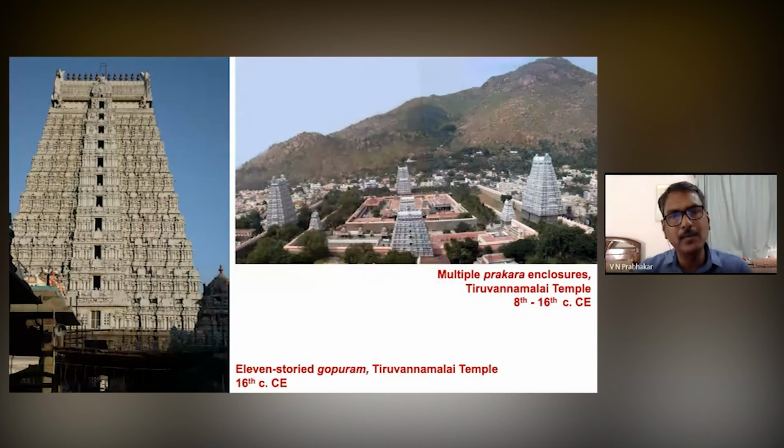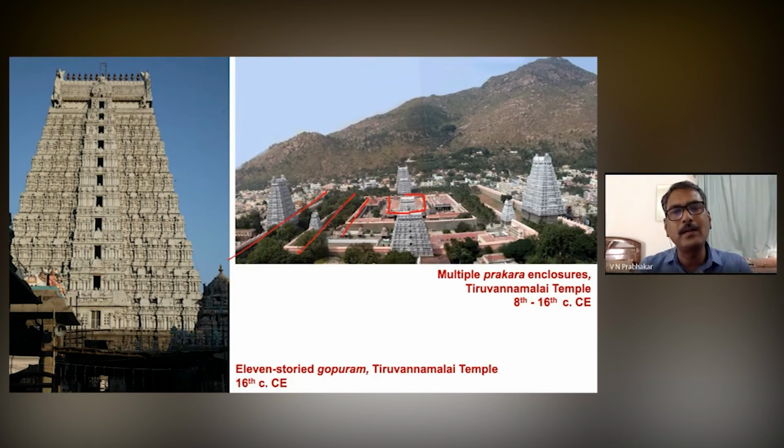So I was briefly telling about the increase in height of the Gopuras. Slowly the height of the shrine becomes insignificant. You can see this is the case of the Tiruvannamalai temple. It has multiple prakara walls. Initially the temple had only one prakara, so they went on adding, because there was nothing more to give to the temple, because it had already achieved its sanctity, it had already achieved its height.